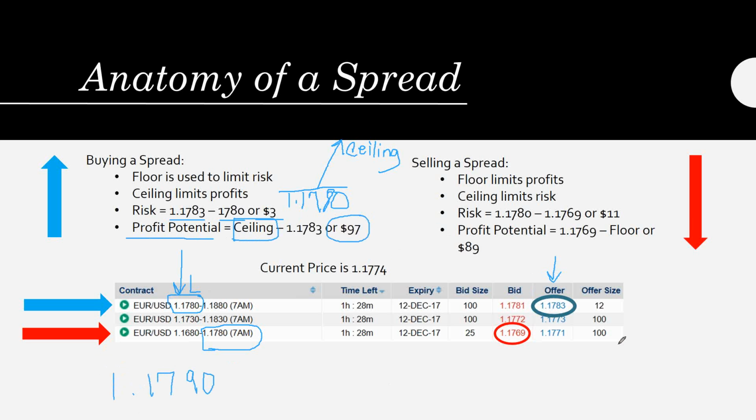You entered at 1.1783. So your profit would be $7, excluding exchange fees. Does everybody see that? Does everybody see how that is calculated?